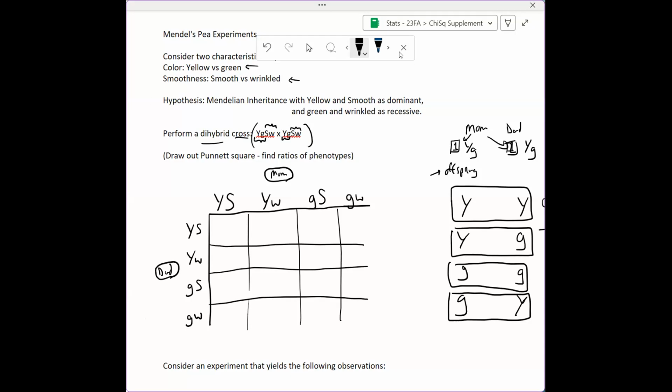Now, there's one more important idea here, and that's the idea of dominance versus recessiveness. So if an individual has, say, one yellow allele and one green allele for peas, the pea will be the color yellow.